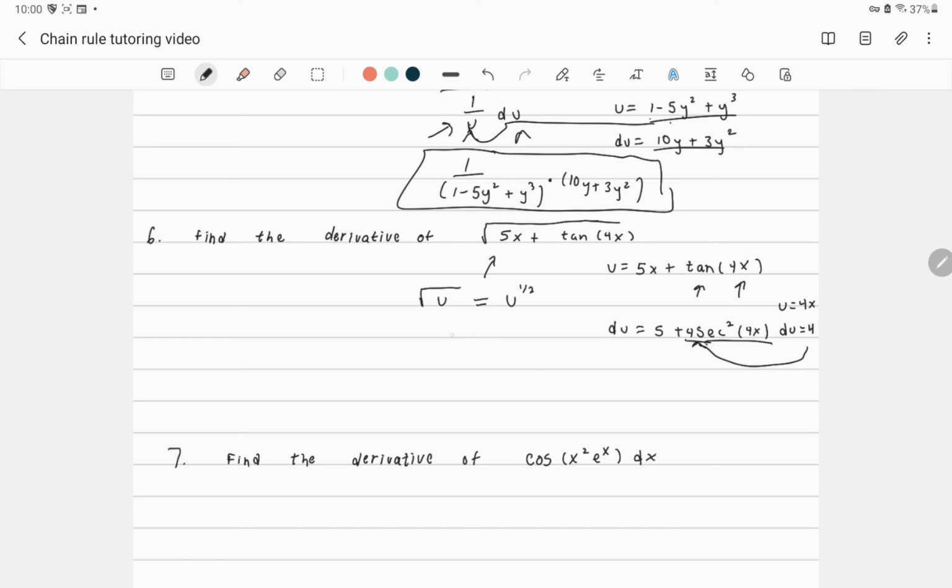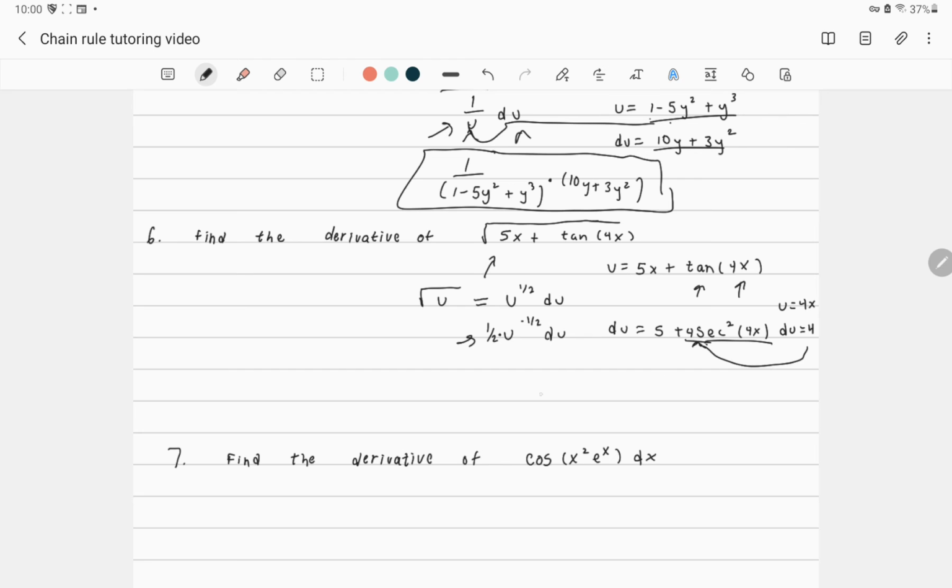So to find the derivative of this, you got 1/2 u to the half du. So subtract 1 from the exponent using the power rule. It's 1/2 u to the negative half times du, which will be your final answer for the derivative.